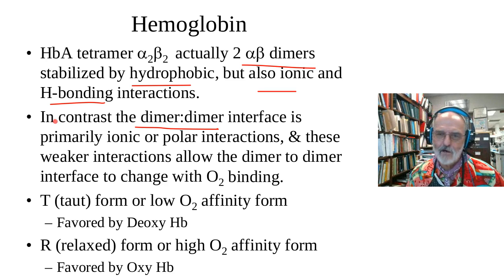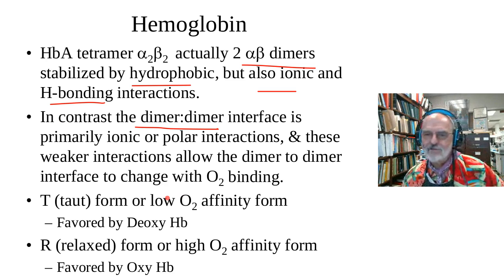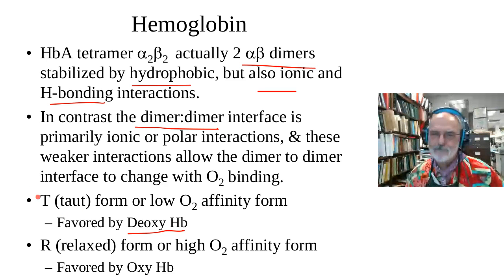All right. The oxy form, excuse me, I see oxygen, I say oxy. The T form, or low oxygen affinity form, or the deoxy form, is favored by the T conformation. So the T conformation is the deoxy conformation.